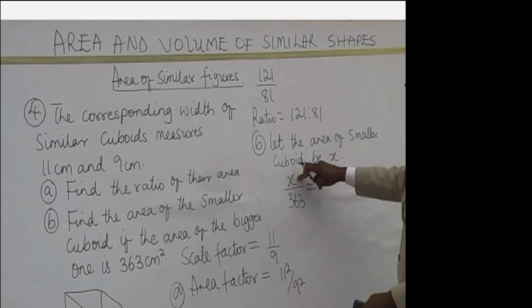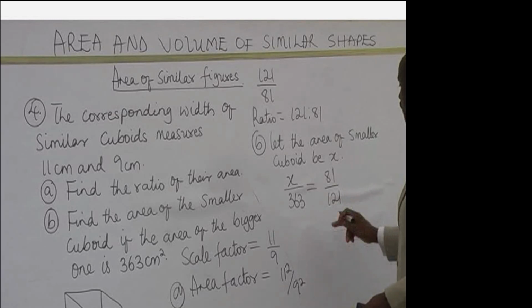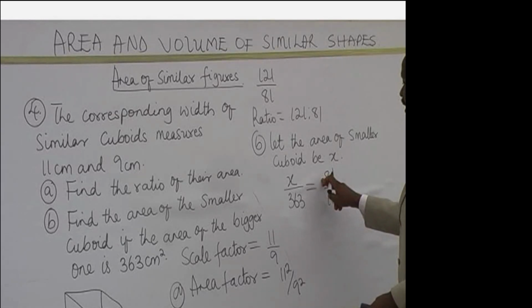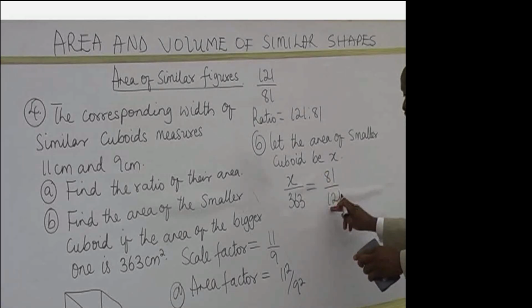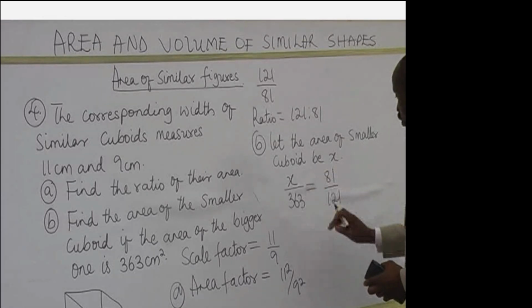That means you're going to have 81 up and 121 down, because in the area factor, 81 is representing the area of the smaller one, while 121 is representing the area of the bigger one.